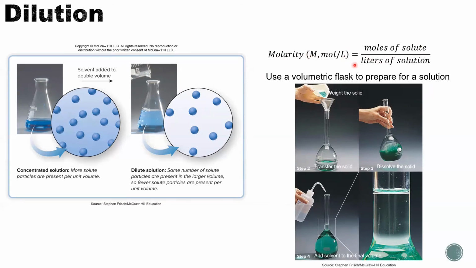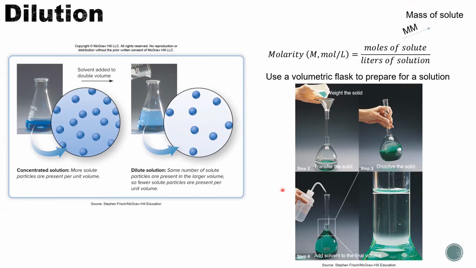With this molarity equation, we can calculate how many moles of solute is needed to prepare the specific molarity. After we calculate the moles of solute, use a mole-molar mass conversion, we can get a mass of solute, and then use a scale to weigh the solid solute and prepare the solution using the volumetric flask.